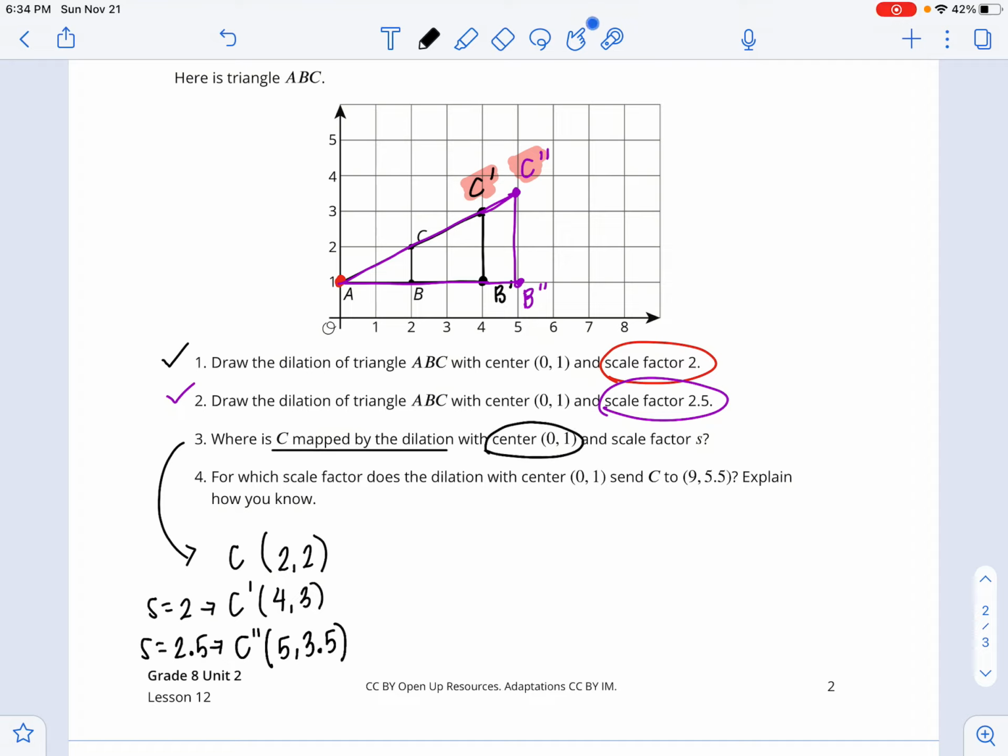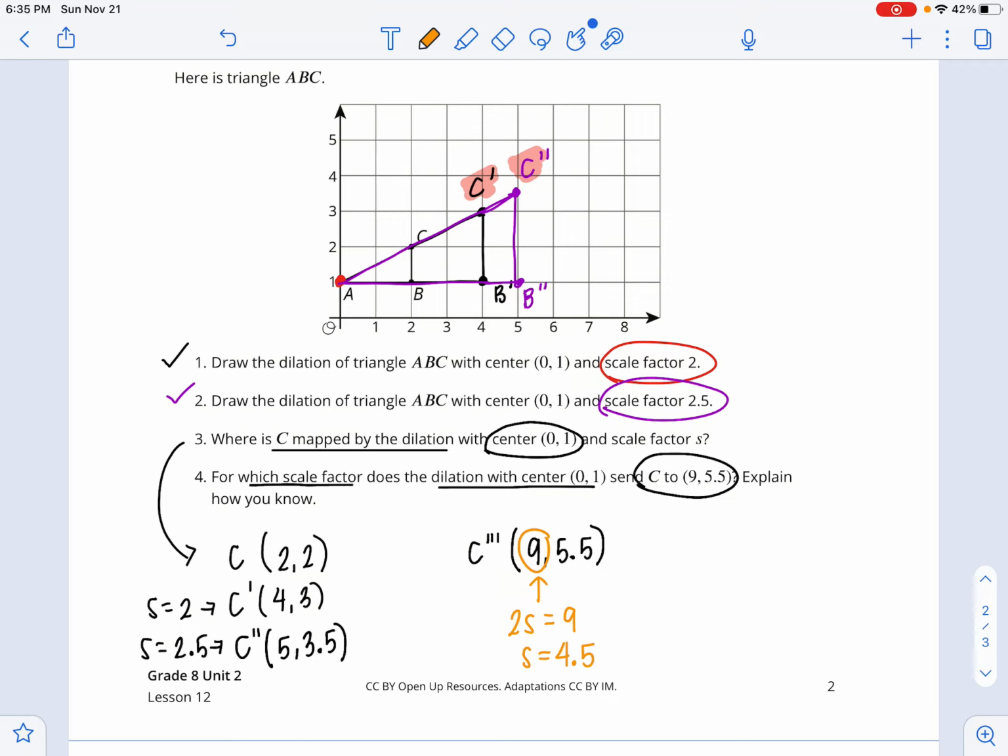And so in question 4, when they ask for which scale factor the dilation with center (0, 1) sends C to (9, 5.5), we know that if C triple prime was (9, 5.5), then this 9 here is 2 times the scale factor, so the scale factor would have to be 4.5.